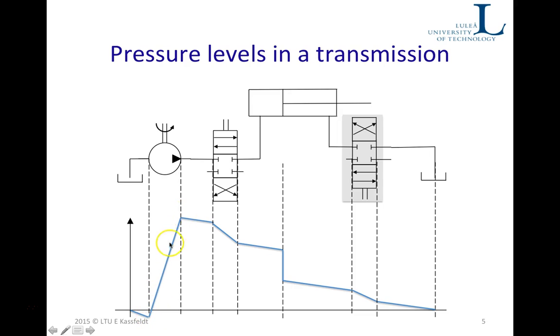This pressure increase corresponds to the required torque I need on the shaft to this pump. And there is a little negative pressure that I can have in the very beginning in order to get the fluid from the tank to the pump.